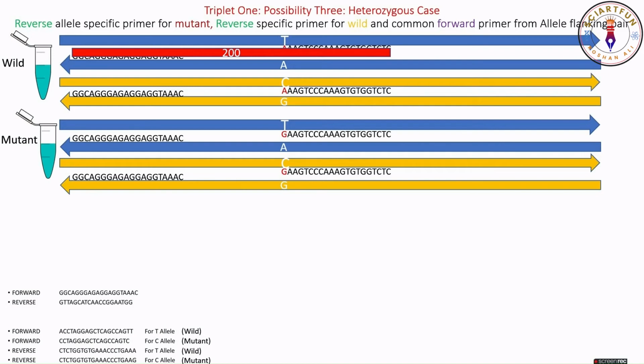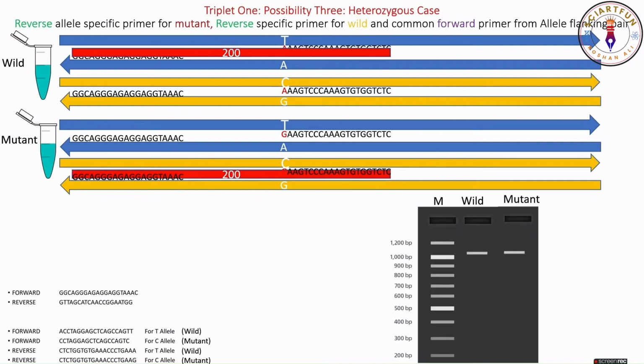The mutant allele present in wild tube will not be amplified. In the mutant PCR tube, only the mutant allele will be amplified. When you run both the PCR products on the gel, you will get bands for both the alleles.